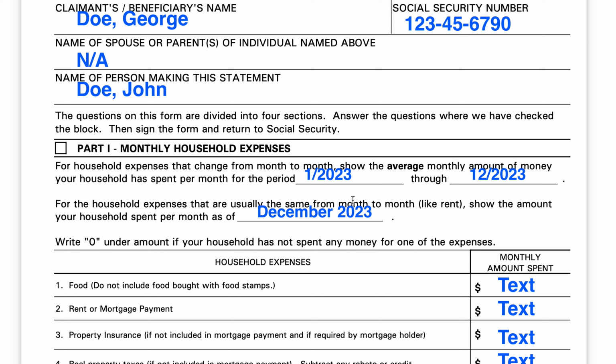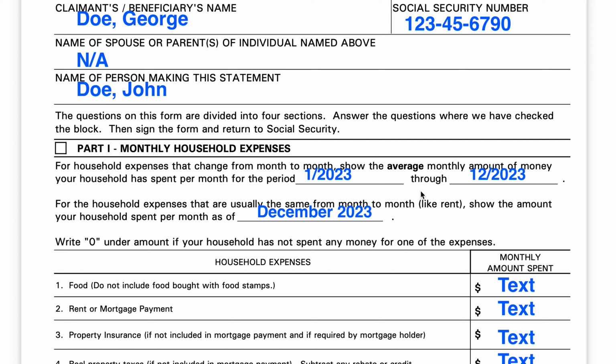If they are variable, then they may ask you to calculate an average of those expenses. There's a lot of guidance in the operations manual about how they may do this. So we're going to take a swing and say if you have an entire year of living history, they may ask you to average that out.